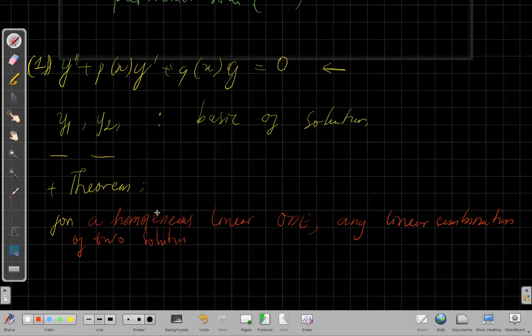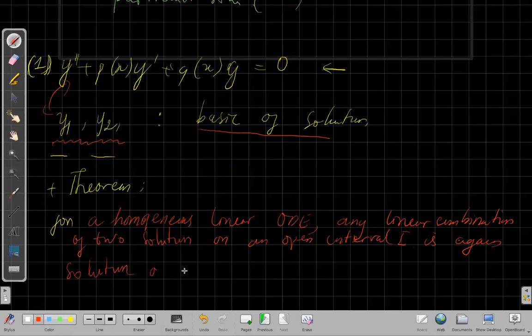We can imagine two solutions like that, and we call a basic of solution more than one solution for this equation, specifically two solutions on an open interval I, again solution of equation one.